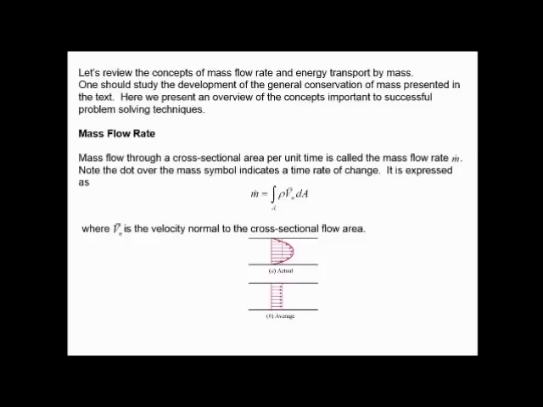Note that the dot over the mass symbol indicates the time rate of change, that is, this mass changes with time. It is expressed as m dot equals the area integral of rho V into dA. Mass flow is given as rho into Vn at a particular area into dA, where Vn is the velocity normal to the cross-sectional flow area.